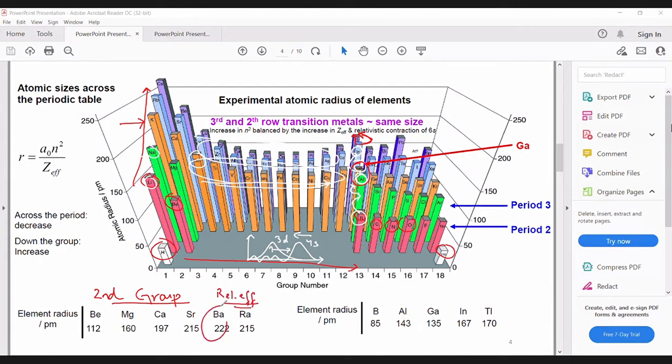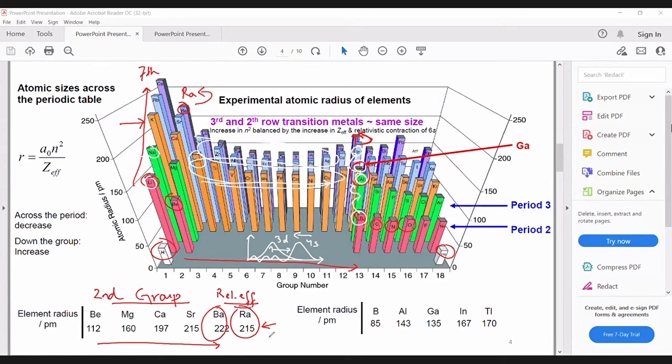So from barium towards radium, so this is barium here in the 6th period, and then there is the 7th period here, which is not shown, but here is the radium. So ideally its atomic radius should be less, right? But here what happens is that the atomic radius follows the general trend. It is increasing as we go down the group, but it is decreasing in the case of radium as you go from barium towards radium. Why exactly?